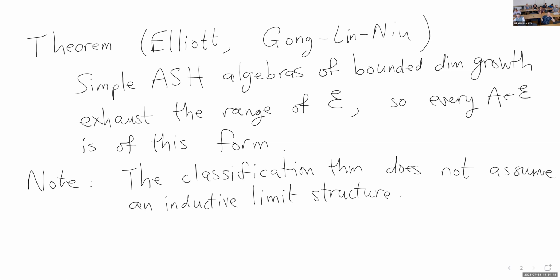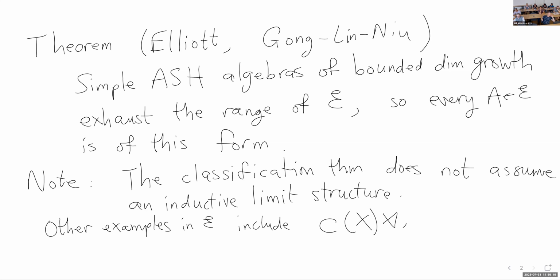Some other important examples of objects in E which are not a priori of this inductive limit form are, importantly, these crossed product C*-algebras: C(X) crossed with Z, where the action alpha is induced by a minimal homeomorphism of the space, and crucially where X is finite dimensional, the dimension of X is less than infinity.